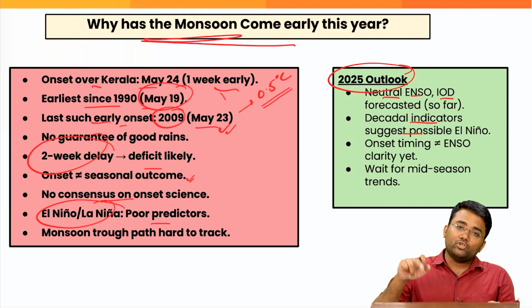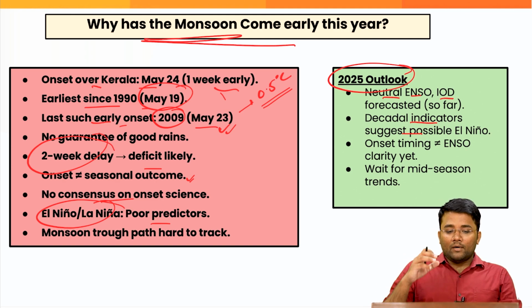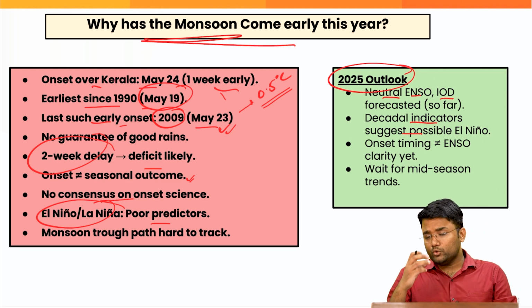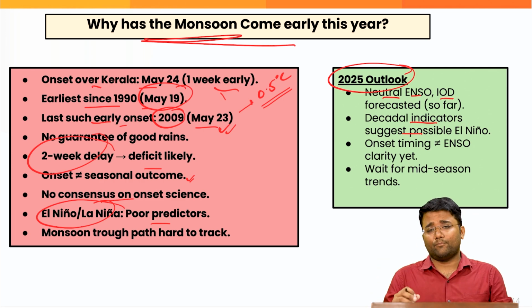Whereas the opposite of El Nino is La Nina, where the central and eastern Pacific Ocean become cooler than normal, and it usually strengthens the Indian monsoon and brings good rainfall in the Indian subcontinent.